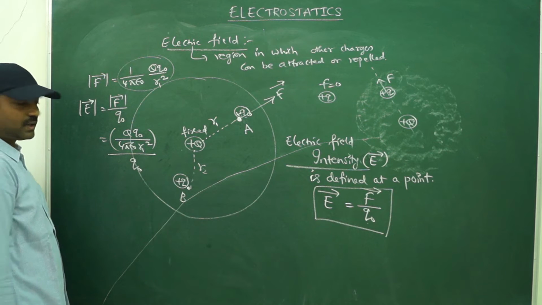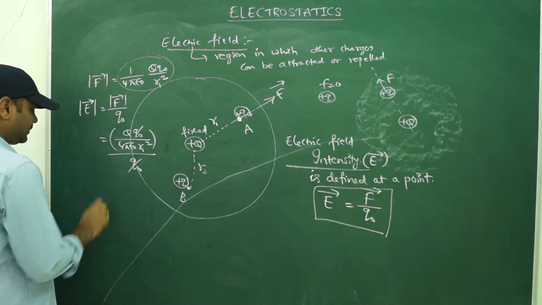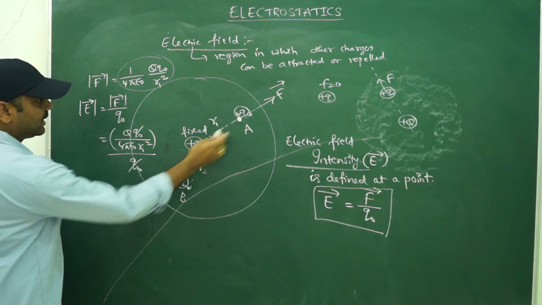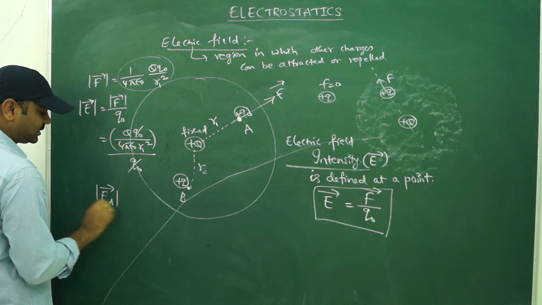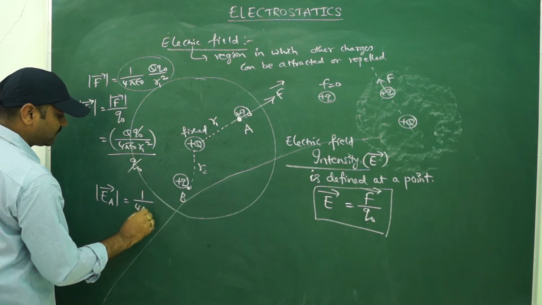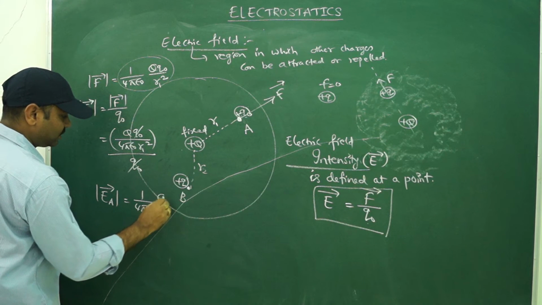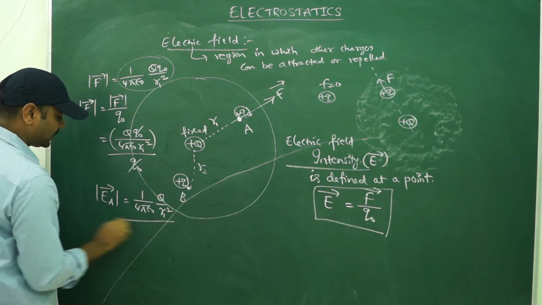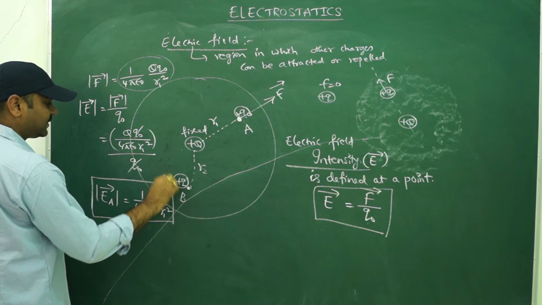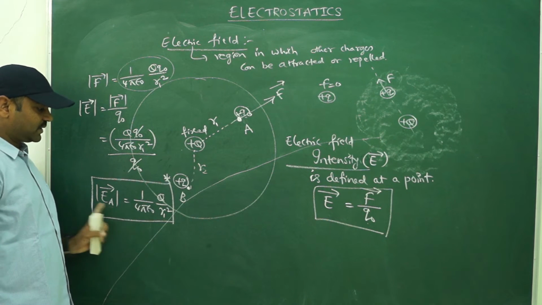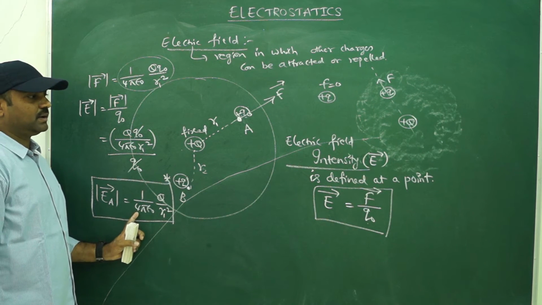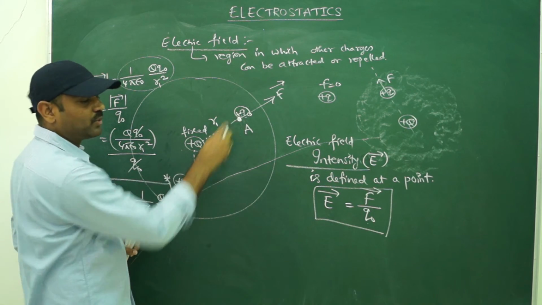Then Q0 cancels out. What is the field intensity at A point? Magnitude is 1 by 4 pi epsilon naught, Q by R1 square. A point is at a distance of R1. I got Q by R1 square as the electric field intensity magnitude at A point.